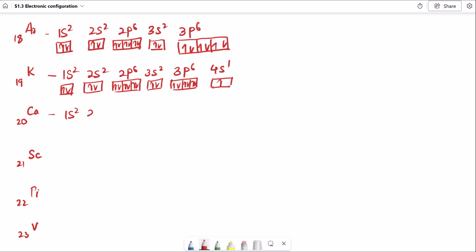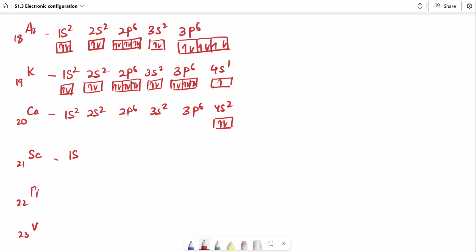calcium 1s2, 2s2, 2p6, 3s2, 3p6, 4s2. So here you have 2 electrons. Now, in case of scandium, you have 21, right?